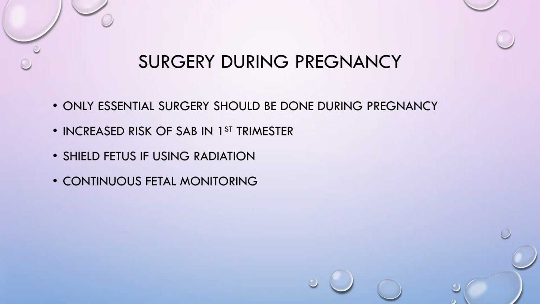There's a decreased amount of complications with the fetus with women that have surgery during the second trimester. During surgery, we need to remember to place a wedge under mom's hip to prevent uterine compression on the major blood vessels.